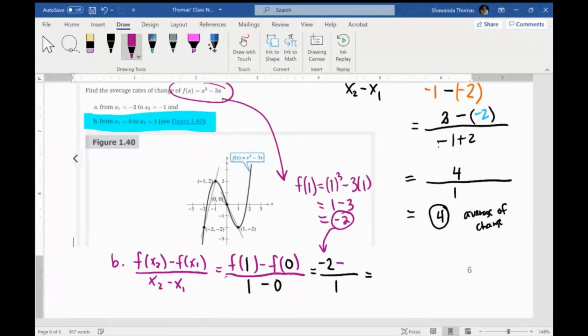Minus, what would be f of 0? Probably 0. Yes, it is. Plugging in 0 wipes out everything. So -2 minus 0 is -2, and -2 divided by 1 is just -2. So that's the answer to B.